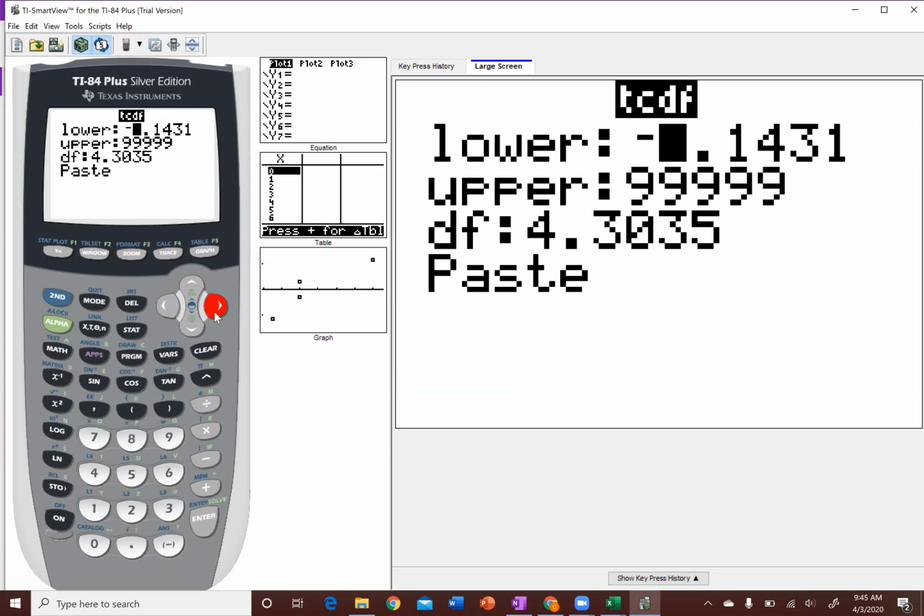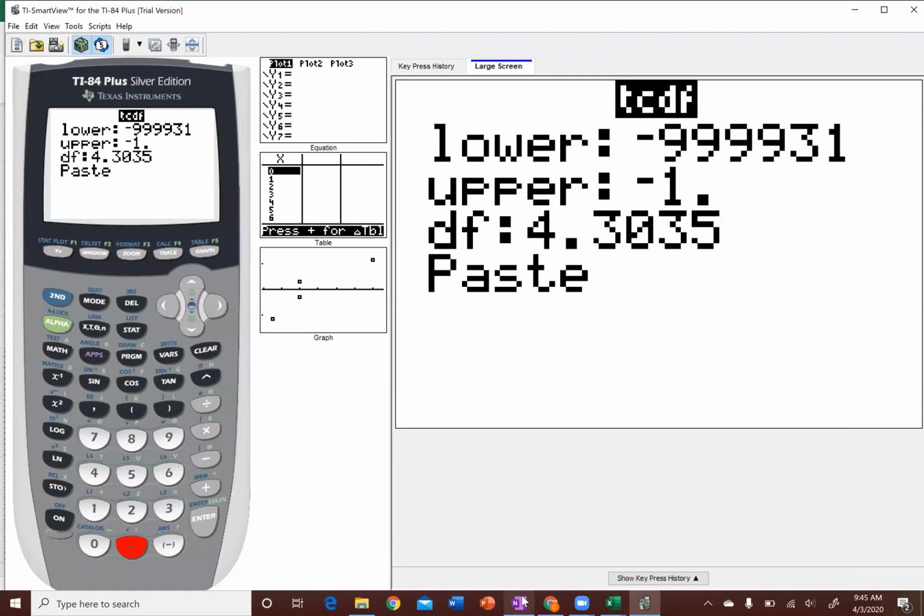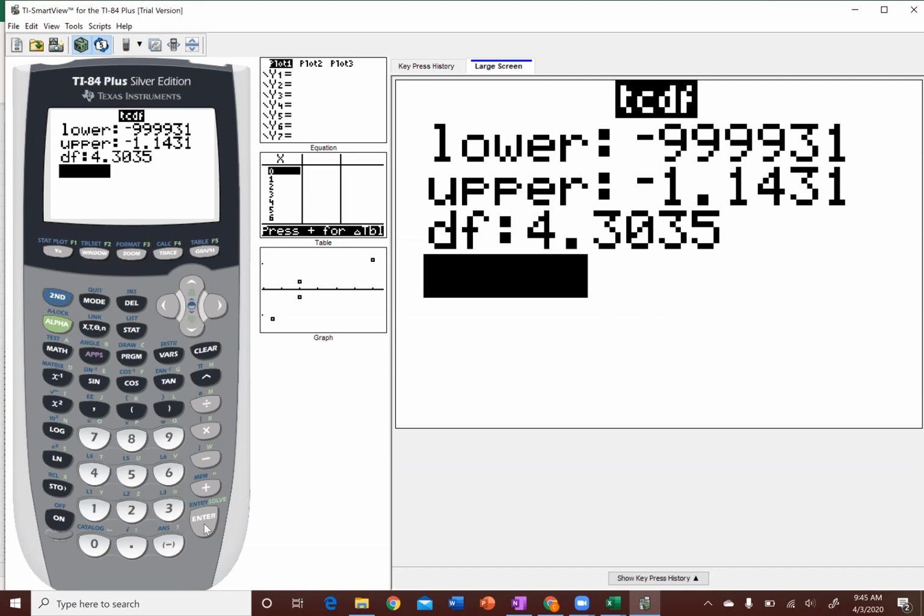You typically have something less than 1/2. So anyway, my lower bound is going to be negative 999999931. Sure. My upper bound will be the negative 1.1431. Oh, 1431. That's why I always check. My degrees of freedom are still that number. Enter.